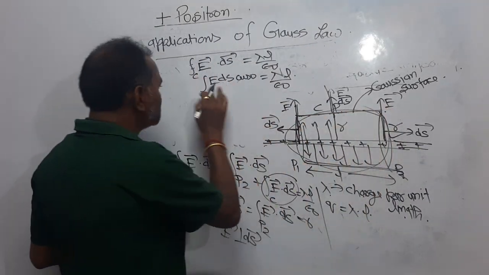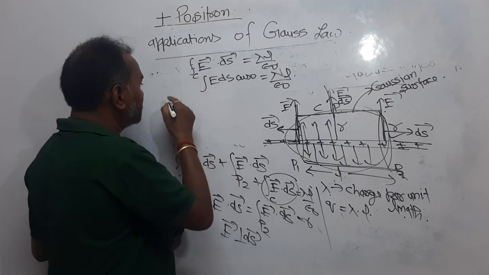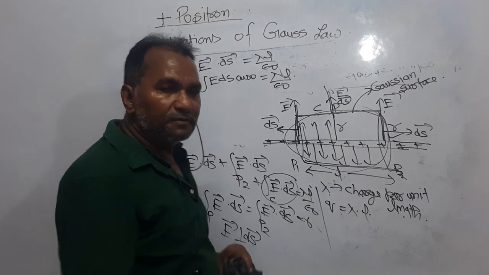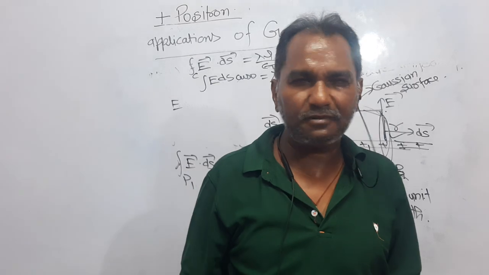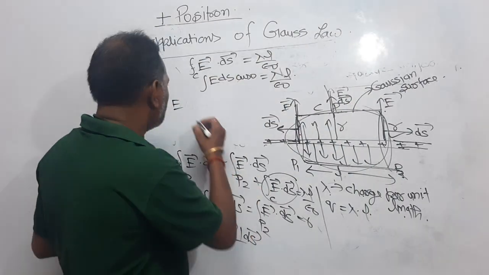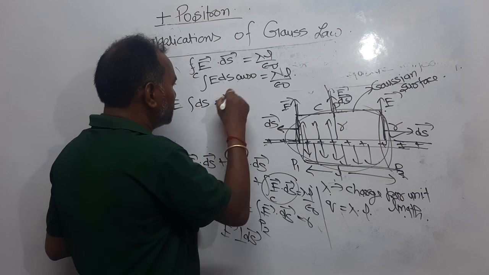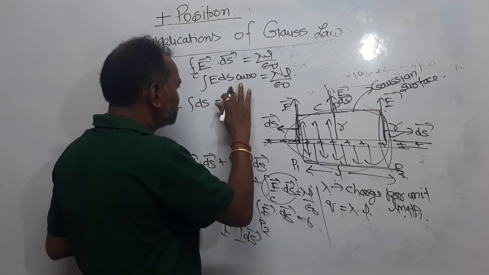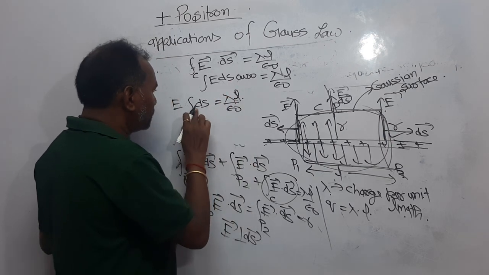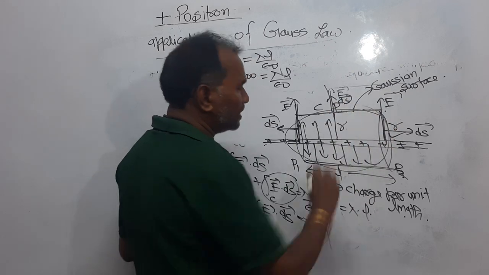That's why E is taken out, as in integration or differentiation a constant is taken out, and it turns out to be the integral of ds, which is equal to lambda L over epsilon naught. This is L actually. And now ds, the surface area of this.